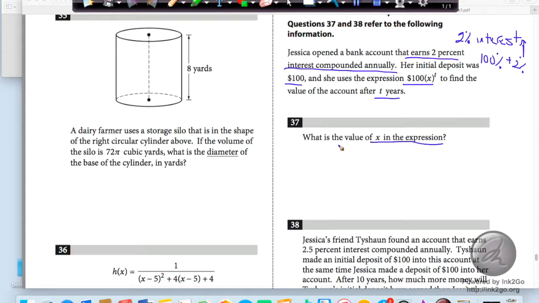Oh, okay. Well, I have $100, which is going to be my initial, but then I know that's going to be going to the power of t within the years. What they're going to want to know is, how does x represent the 2% rate increase going year after year as represented by t?